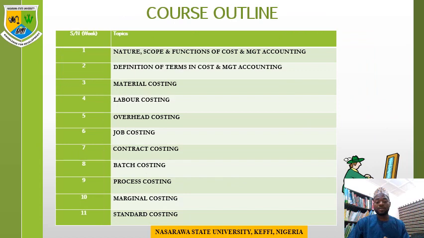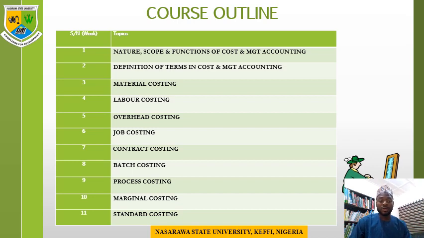So let's see the topics that we expected to cover in the next 11 to 12 weeks of our lectures. The first, week 1, we will be looking at nature, scope, and functions of cost and management accounting. Week 2, we'll look at definition of terms in cost and management accounting.